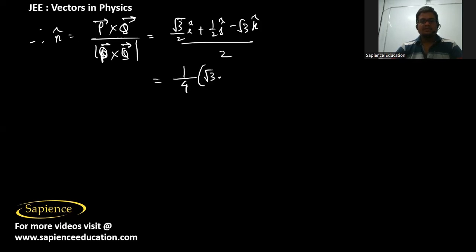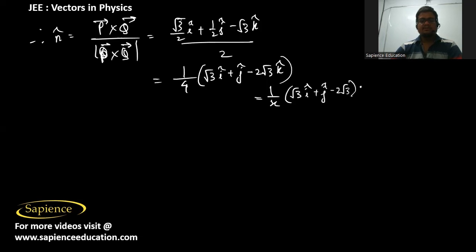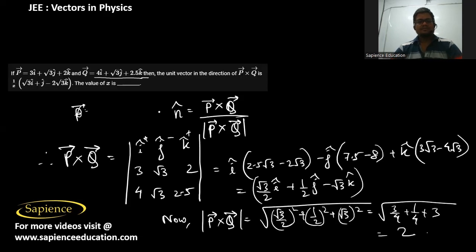So 1 by 4 into root 3 i cap plus j cap minus 2 root 3 k cap. And it is told that it is 1 by x into root 3 i cap plus j cap minus 2 root 3 k cap. So obviously x will be equal to 4. So the value of x is 4.